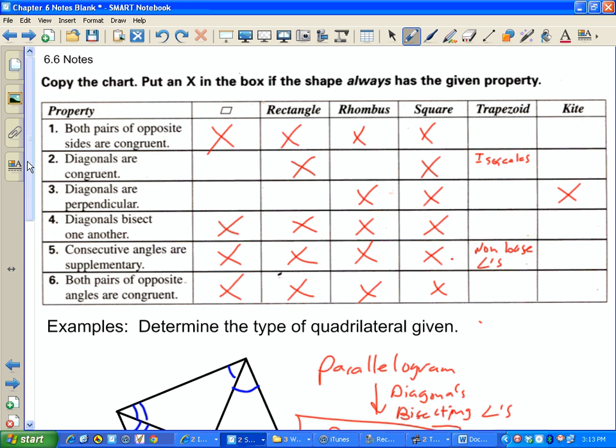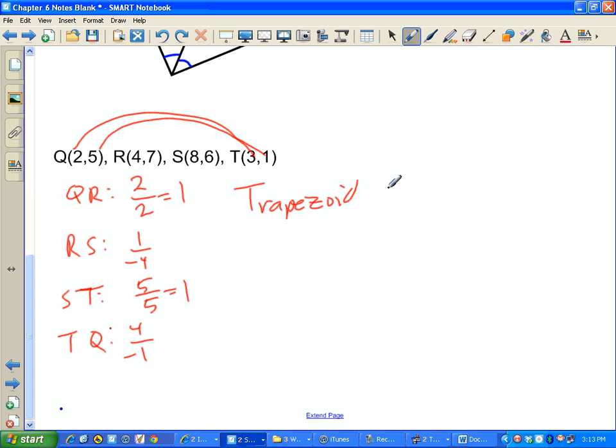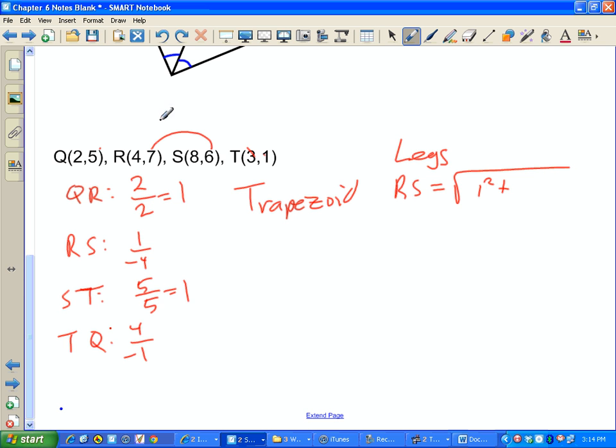Let's do legs first. If QR and ST are the bases, the legs would be RS and TQ. So the length of RS is going to be the square root of, we'll do this the long way, subtract the y's, I get 1 squared, subtract my x's, I get negative 4 squared.